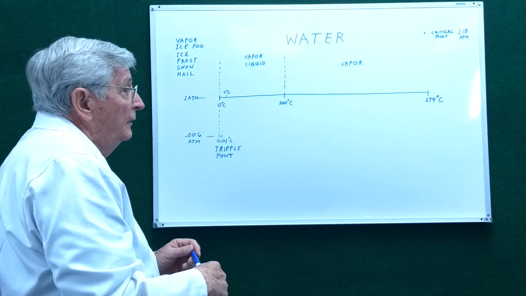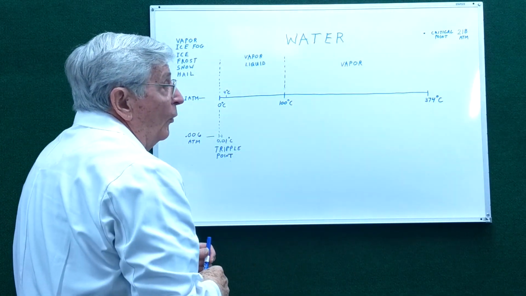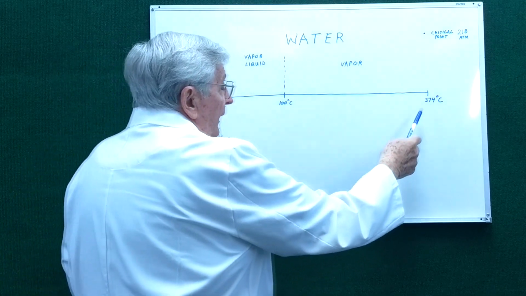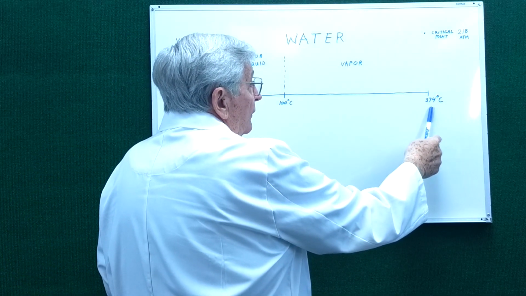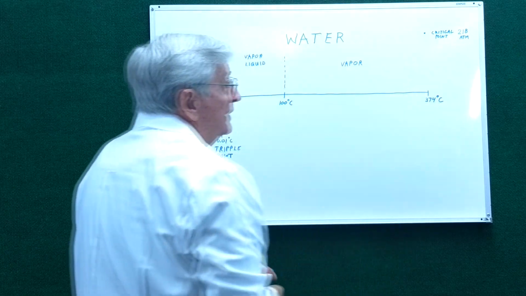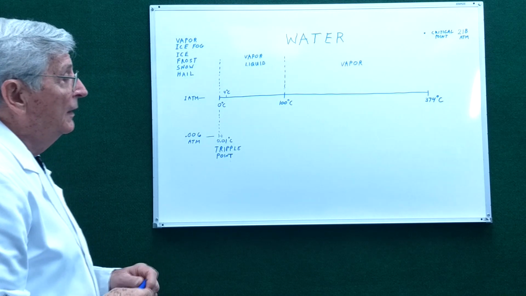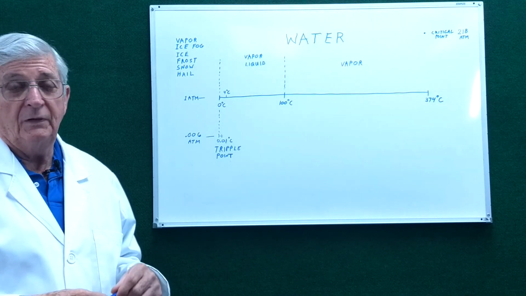So there's another interesting point here. This is called the critical point. At this temperature, 374 degrees C, and at 218 atmospheres, water can exist as a vapor and a liquid at the same time.